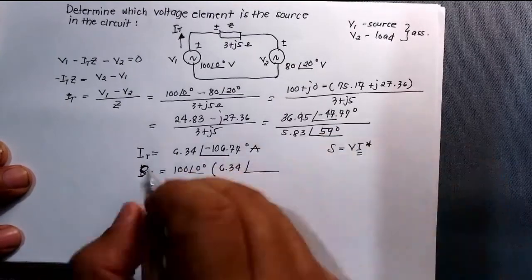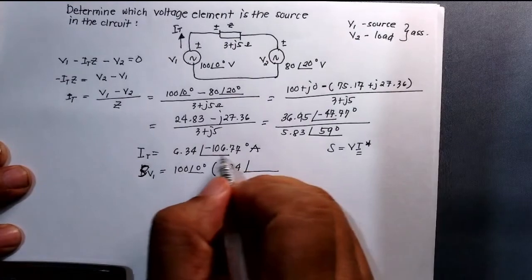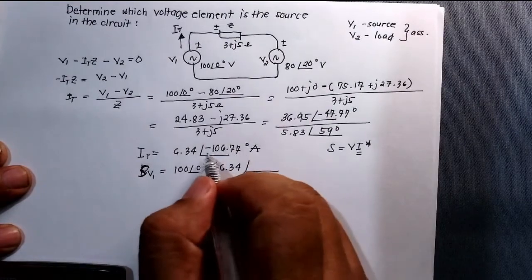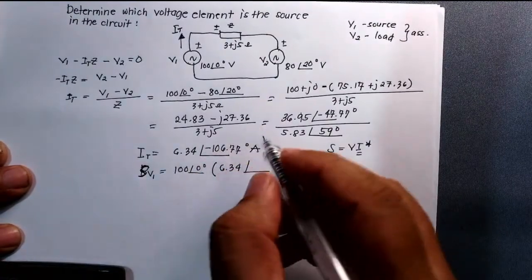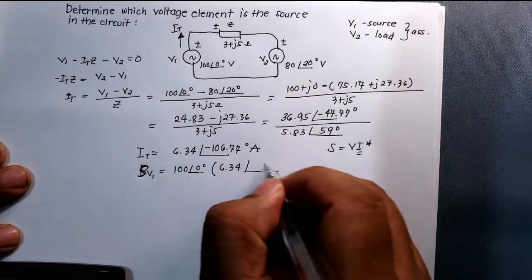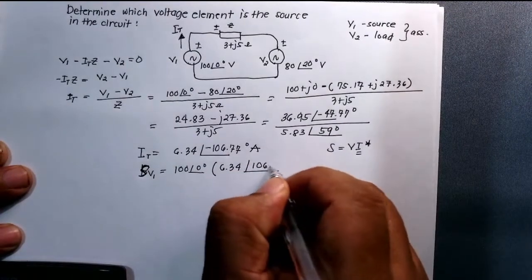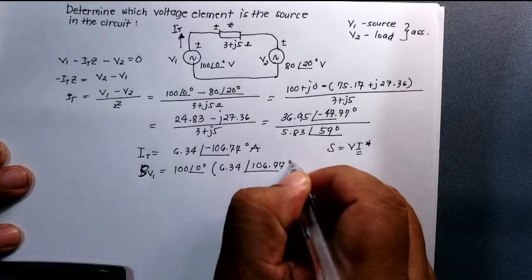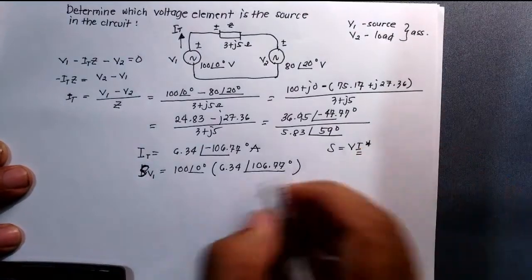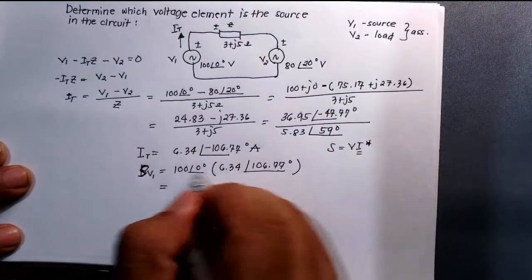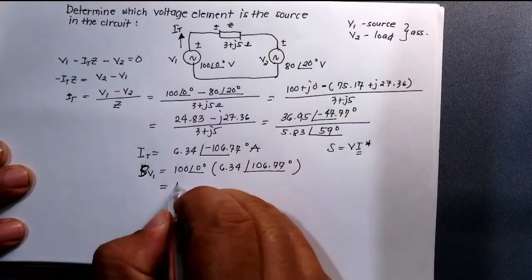The current here is 6.34 cis of negative 106.77. So the conjugate of this current is positive 6.34 cis of positive 106.77 degrees.